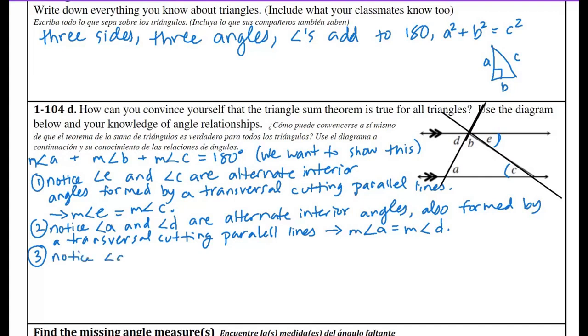For our last observation, we notice that angle D, angle B, and angle E together form a straight line.